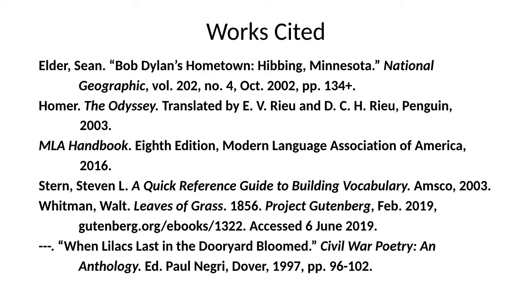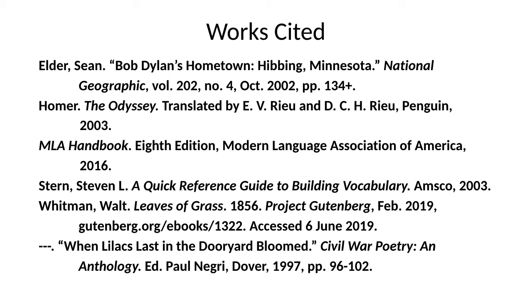And here's a sample Works Cited page. This mostly has a couple of articles and mostly books, but notice it's alphabetized according to what is in the leftmost entry. So Sean Elder is the first one, and that's the article in National Geographic.